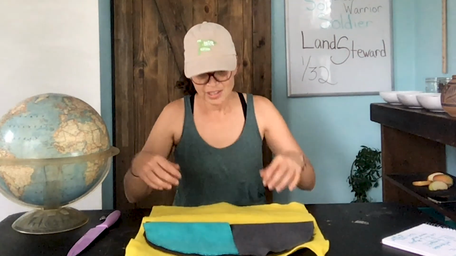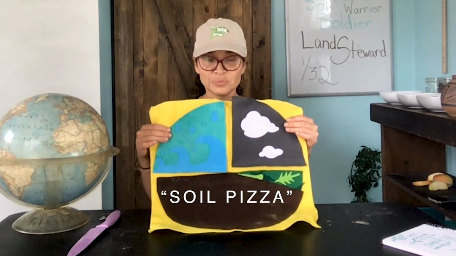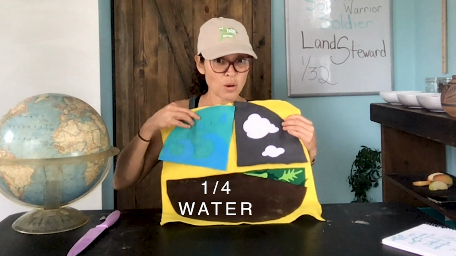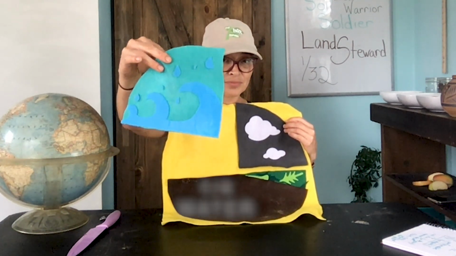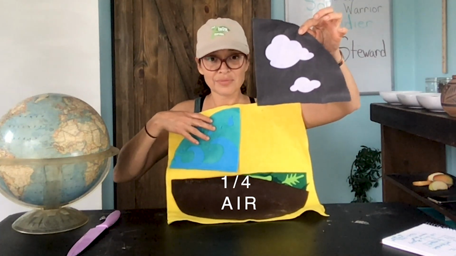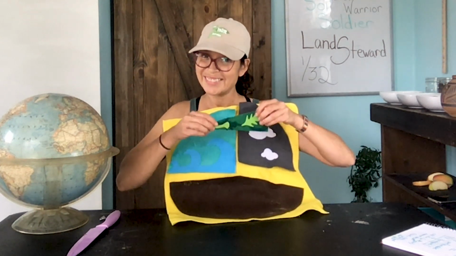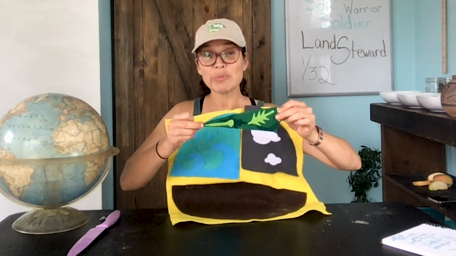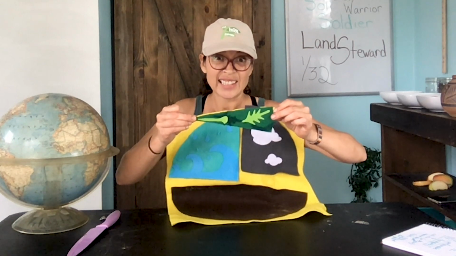For all my friends who need a visual, just like Miss Mihu, let's look at it. This is our soil pizza. Our soil pizza is comprised of 1/4 water, 1/4 air, a little sliver of what we would like to call organic matter, which is things that used to be alive, like tree branches and leaves and grass clippings after you mow the grass, and dead insects.